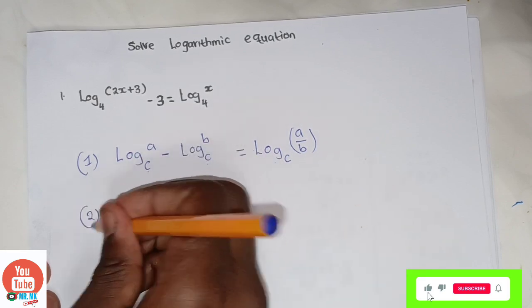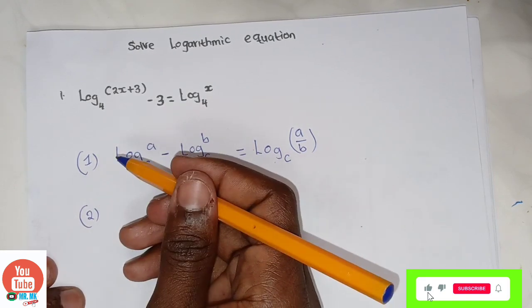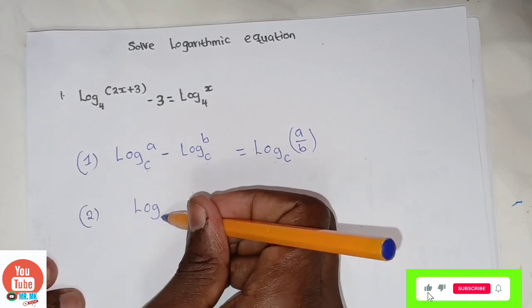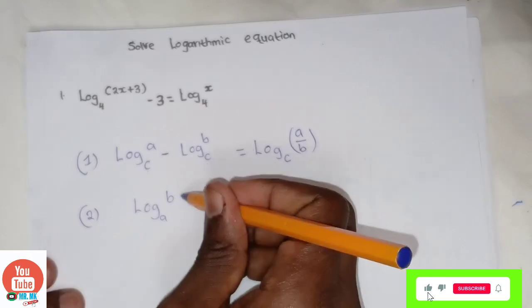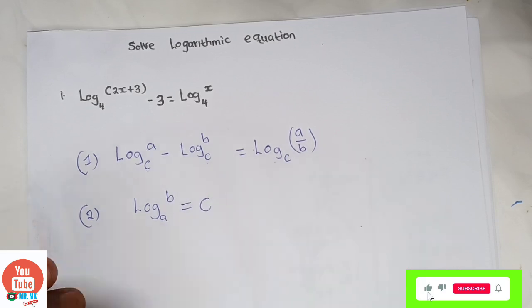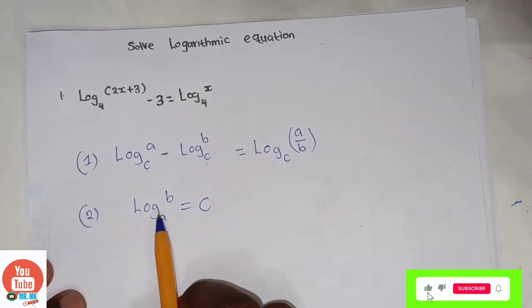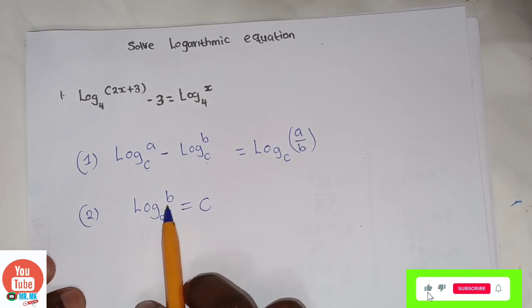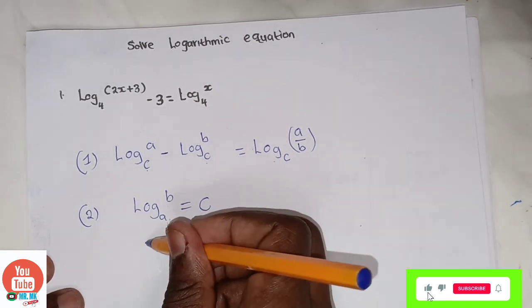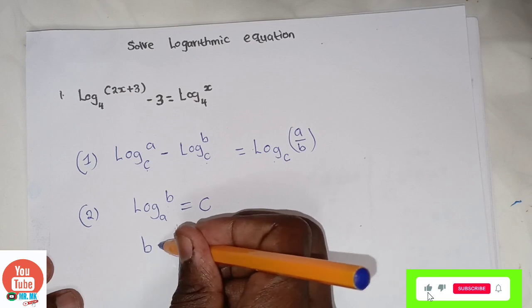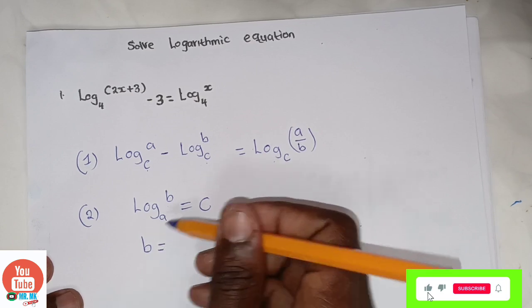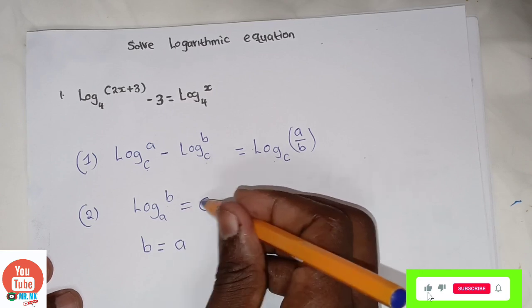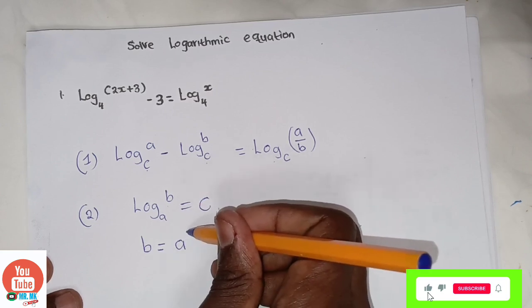Now the second property is that when you have log a of b is equal to c, and they ask you to calculate b, how do you go for b? b is given as a raised to c.